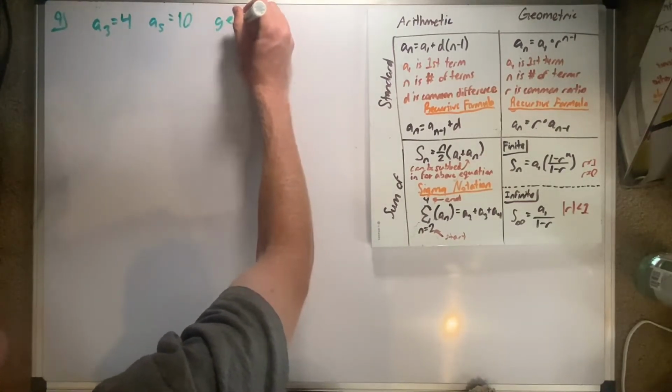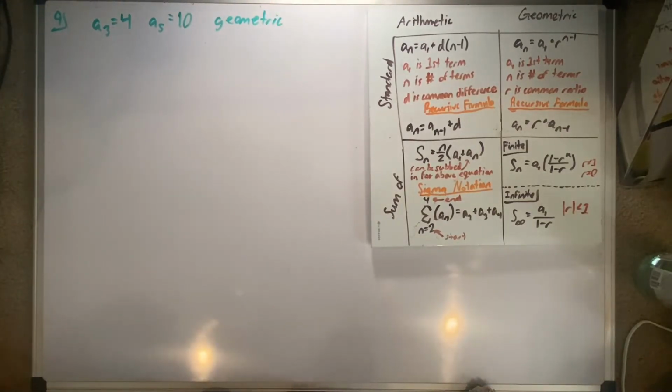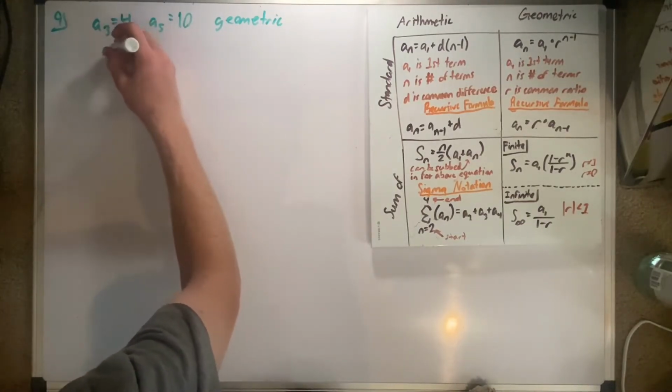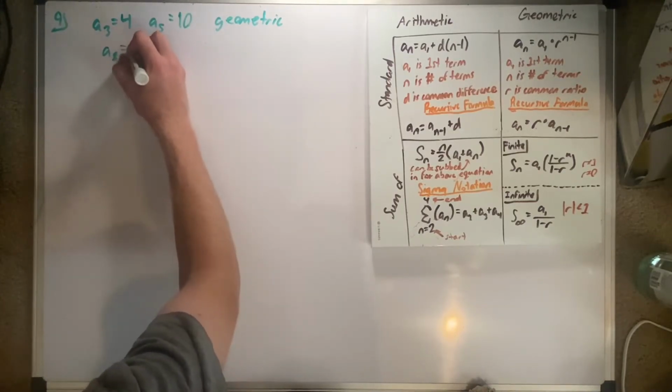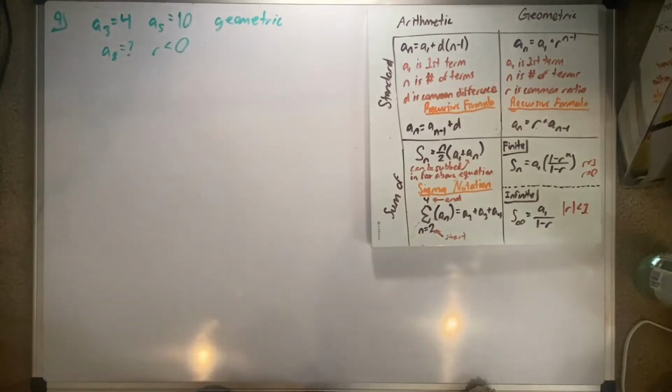This is geometric. Find the eighth term, given that the common ratio is negative. a_8 is equal to something. r is less than 0. Ooh, we got some complicated stuff going on here.